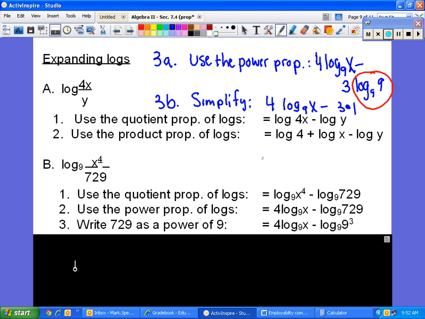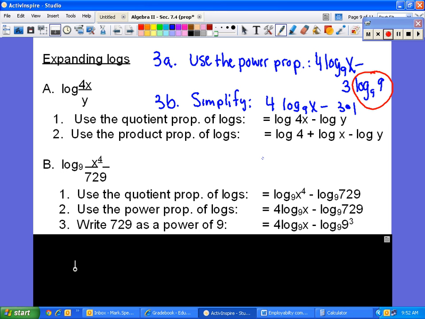You can call this step number 4 if you want, or you can call it step 3a. You'll see that when I move the blocking thing here, it just shows as step number 4. But really, there are 2 more steps that you need to understand in order to get to this step, and the book, for some reason, omits them. We want to use the power property and get rid of the exponent, just like we did at the beginning of the problem.